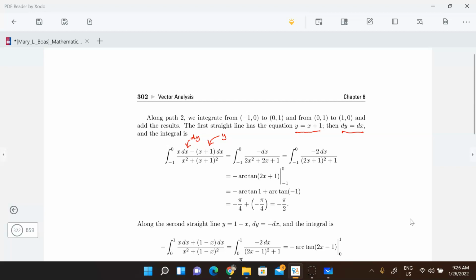So you take 2x plus 1 to be equal to tangent theta. Whenever you see 1 plus something squared, it's always good to put it as tangent theta.